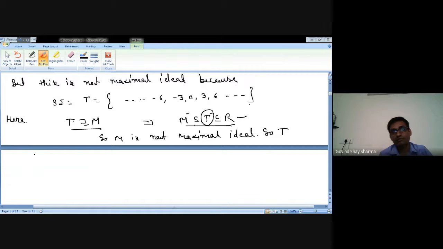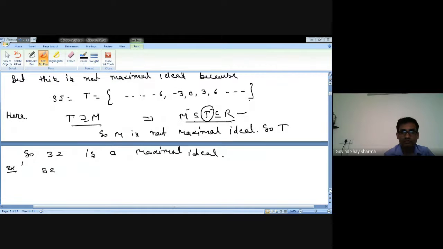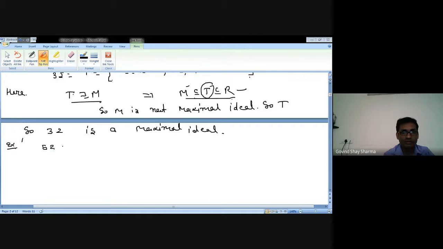So T is maximal. Similarly, if we take 5Z, the elements of M are minus 10, minus 5, 0, 5.